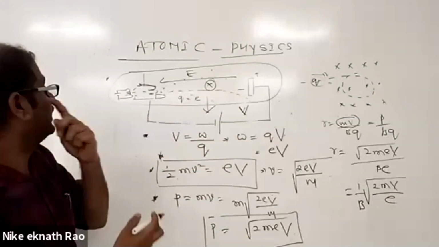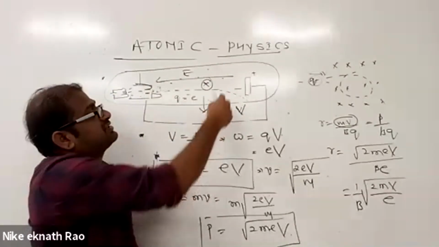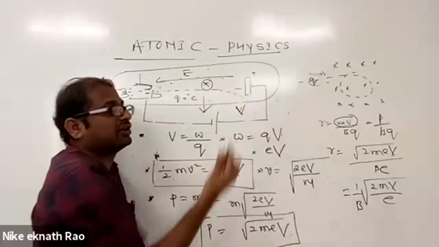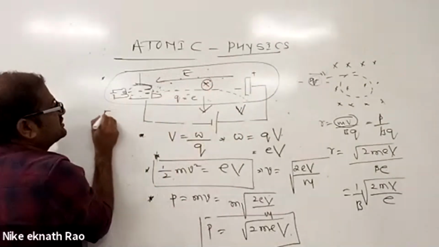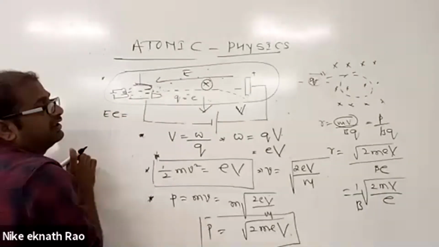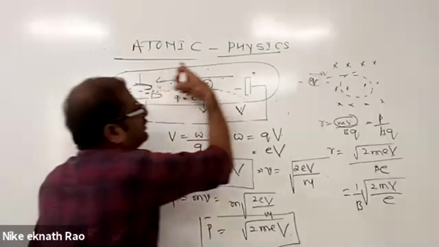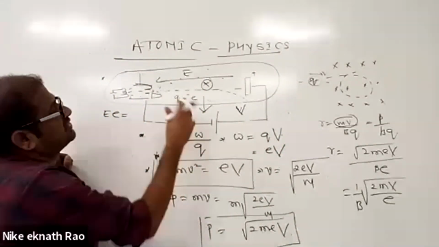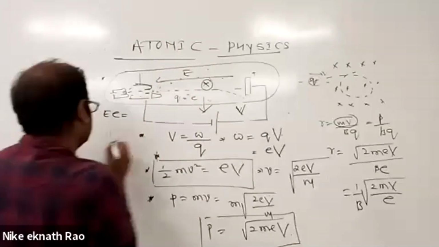Here the electron is going to experience a magnetic force, so he adjusts the value of the field such that the electron goes without any deviation. The electric force is eE, and the magnetic force is perpendicular to the electric field. So he adjusted it in such a way that the electric and magnetic fields are balanced and perpendicular to the flow.